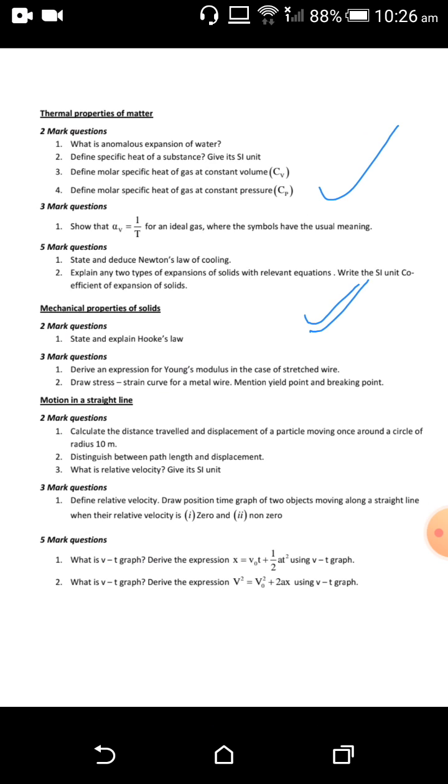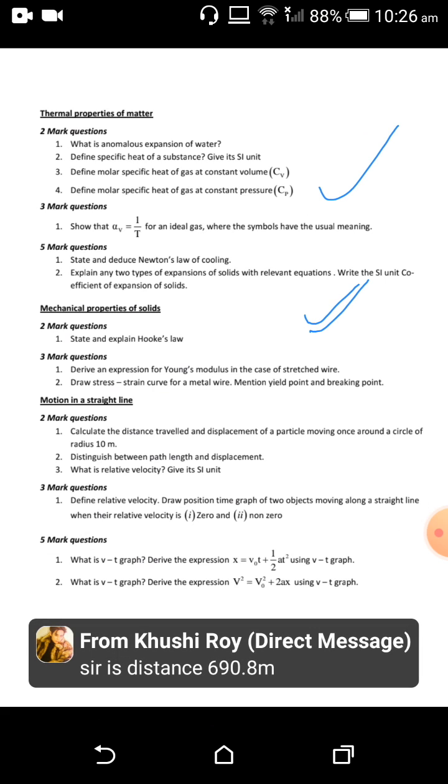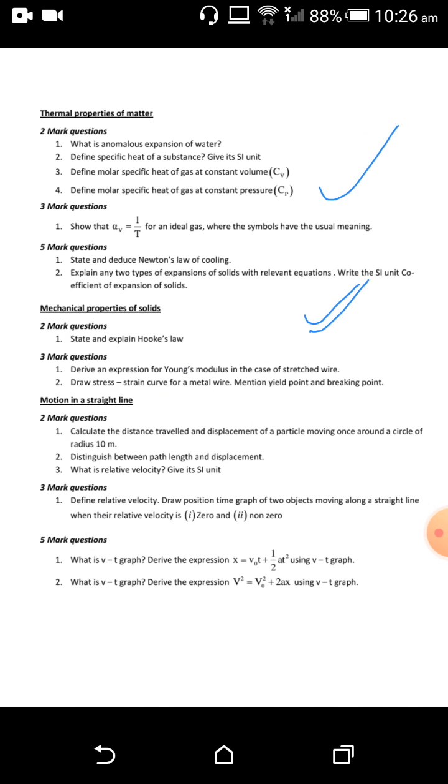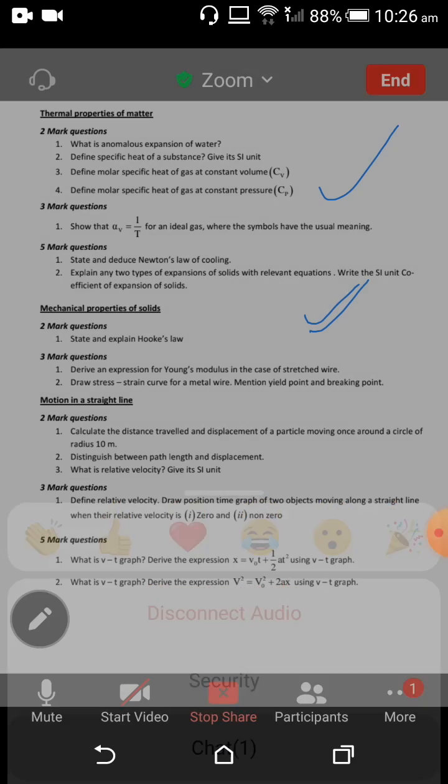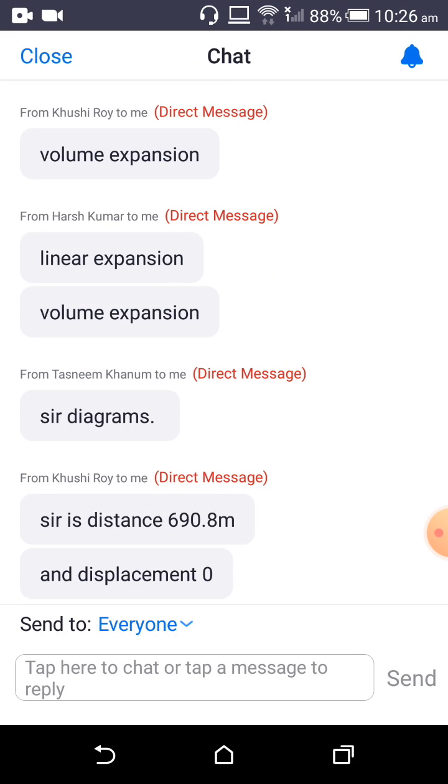You need to calculate the distance and displacement of a particle moving once around a circle of radius 10 meter. What is the value of distance and what is the value of displacement? Okay, Kushi has said that distance is 690 meter and displacement is 0.